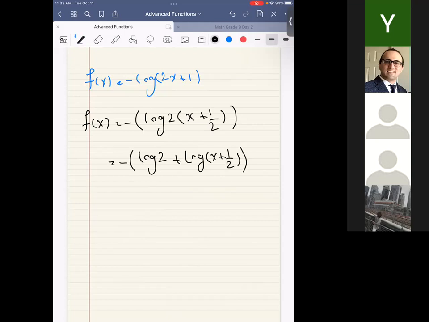It is the multiplicative property of log that we use over and over. And another observation is that log 2 is just a constant number. It is a number less than 1.